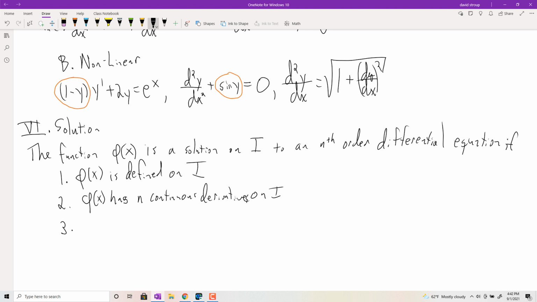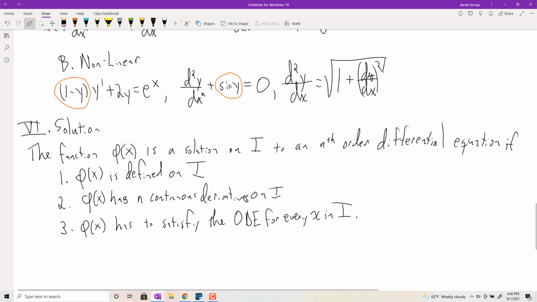And then thirdly, phi of x has to satisfy the ODE for every x in I.